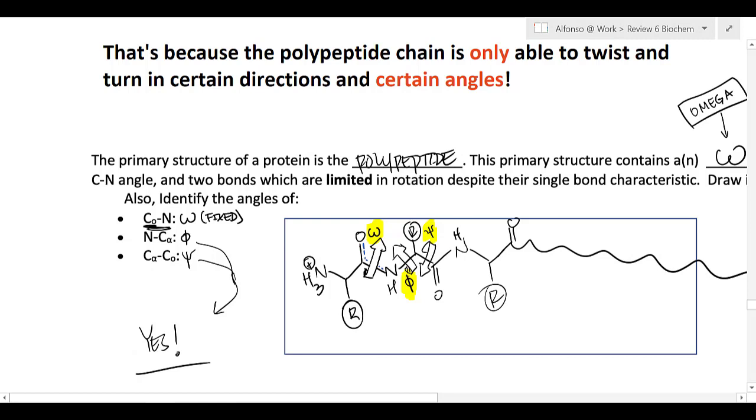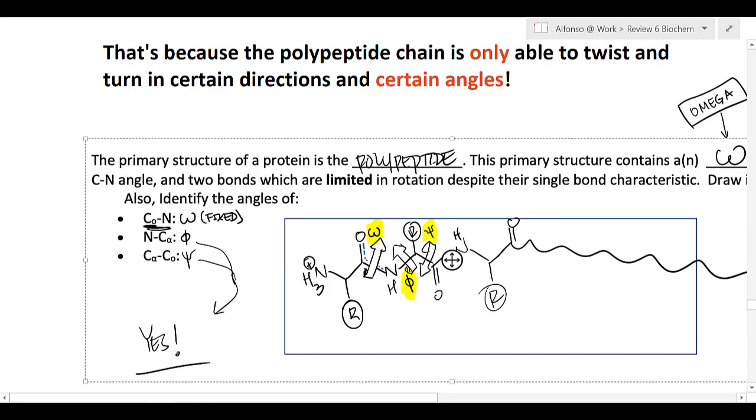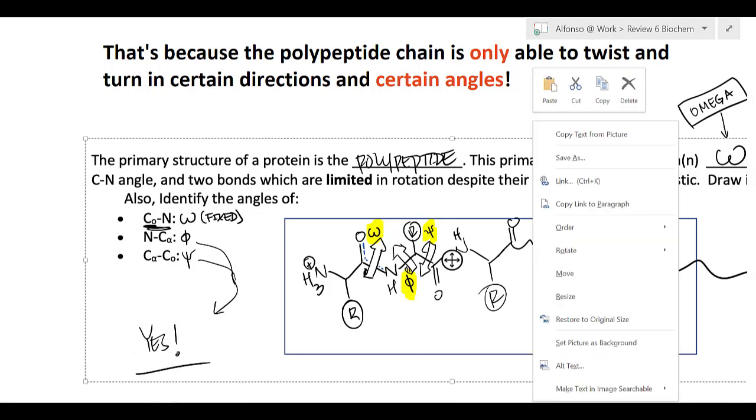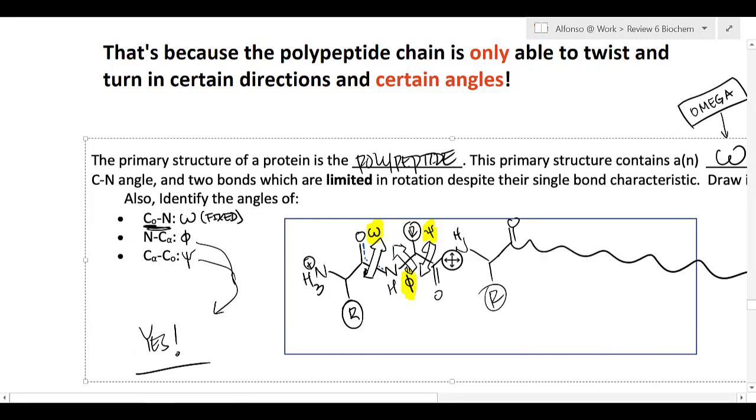If I rotate that single bond, this R group right here could clash with any other R group that's in the chain. So if we rotate about the single bond any way that we want, molecules can start interacting, which is another way of saying that they start getting in their own way.